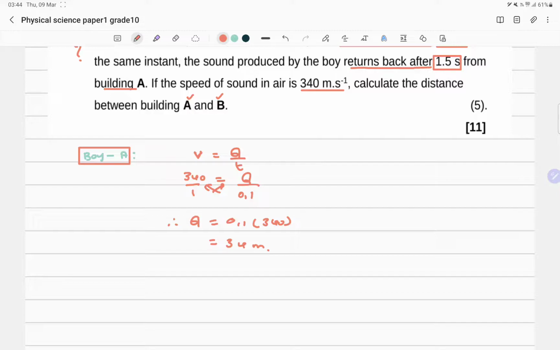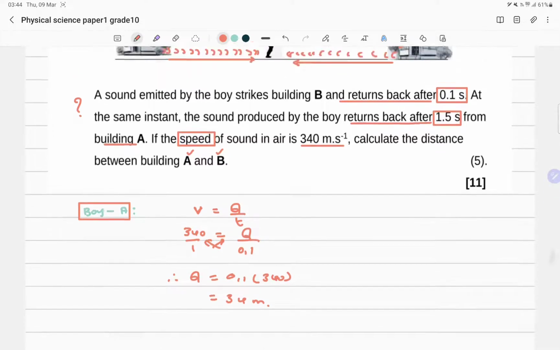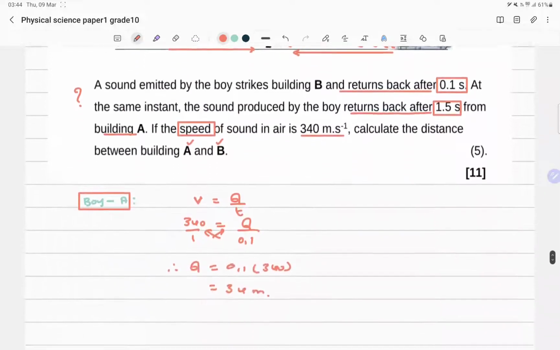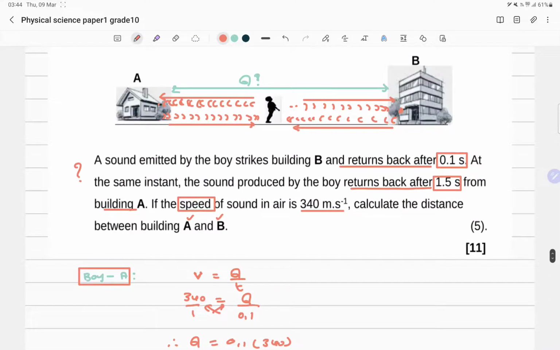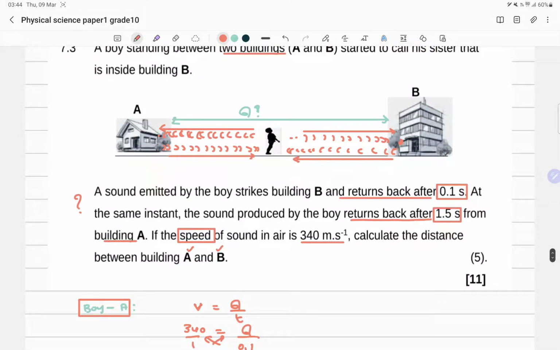Now, let's see, what are we saying basically? We said speed. Speed is a scalar quantity. We didn't say velocity, so I am going to say this is this motion here. The sound had to go and then come back. So for me, I will consider that this is this distance to and back.